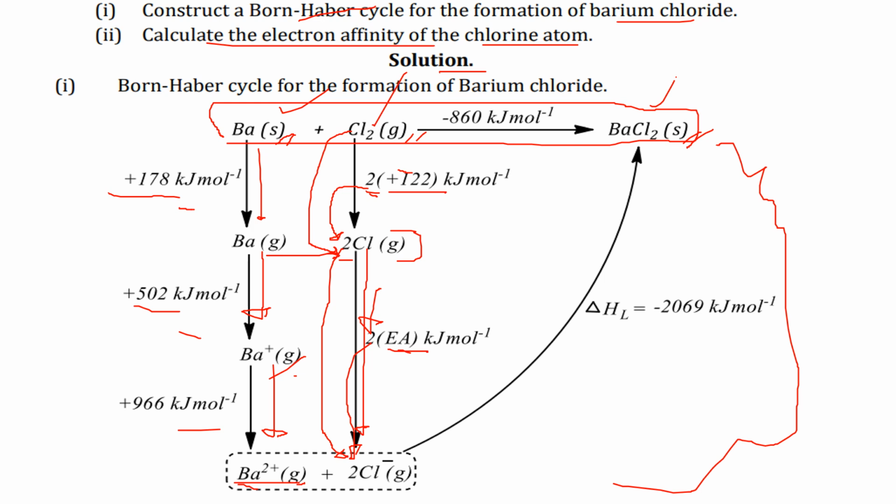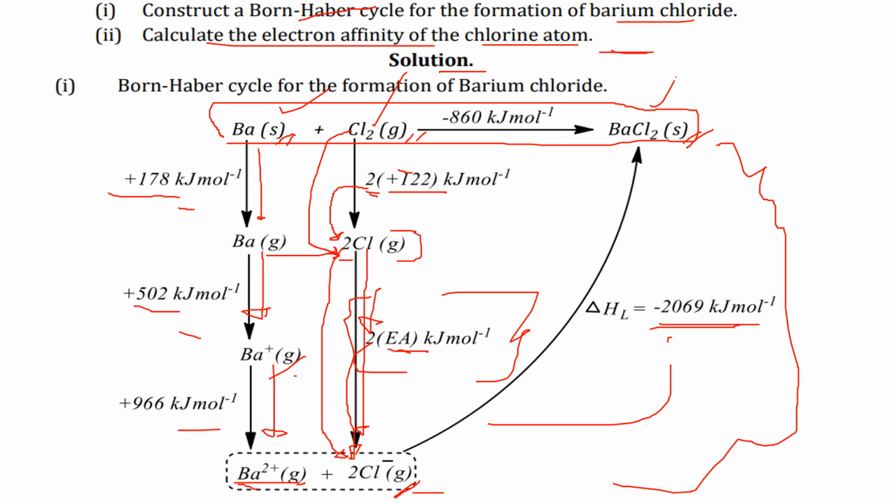Then reacting these 2 gaseous ions in their standard states is going to give us what we call the lattice energy, which was given as negative 2069 kilojoules per mole. So the question, or Roman numeral 2, is prompting us to find the electron affinity of the chlorine atom, because it's the only thing that is unknown in our diagram.